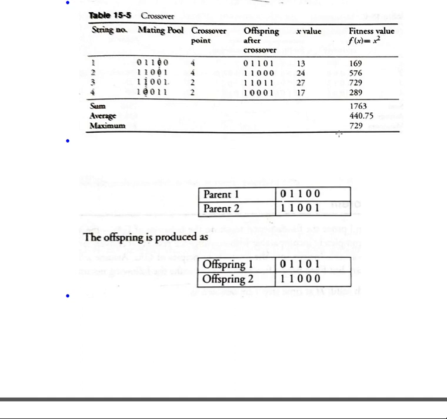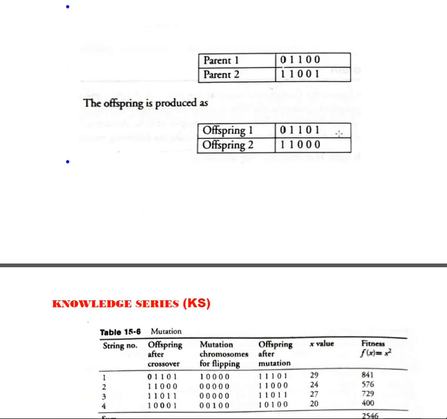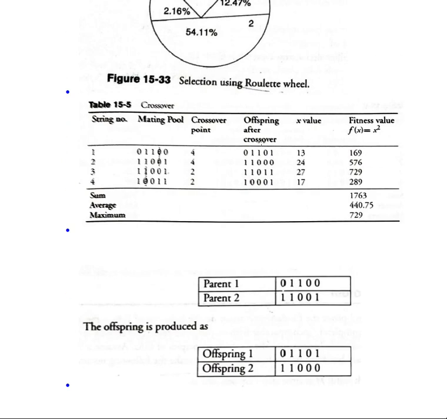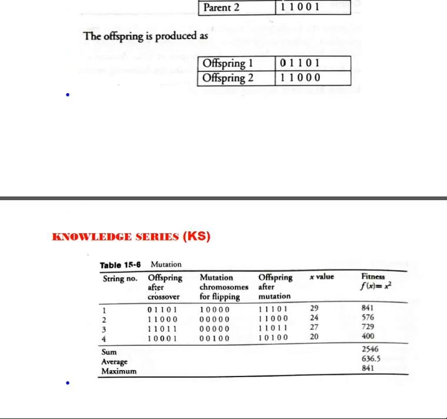Now if you look further at this scenario, offspring after crossover, we have got 0 1 1 0 1 1 1 0 0 0 and 1 1 0 1 1 1 0 0 1. This is only after the crossover.